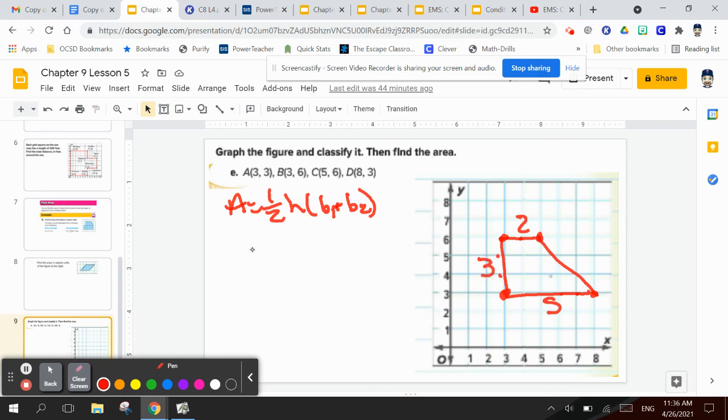So if I put those numbers in, I get 1/2 times 3 times 2 plus 5. So 3 times 7 is 21 times 1/2. The area is going to equal 10.5 units squared.